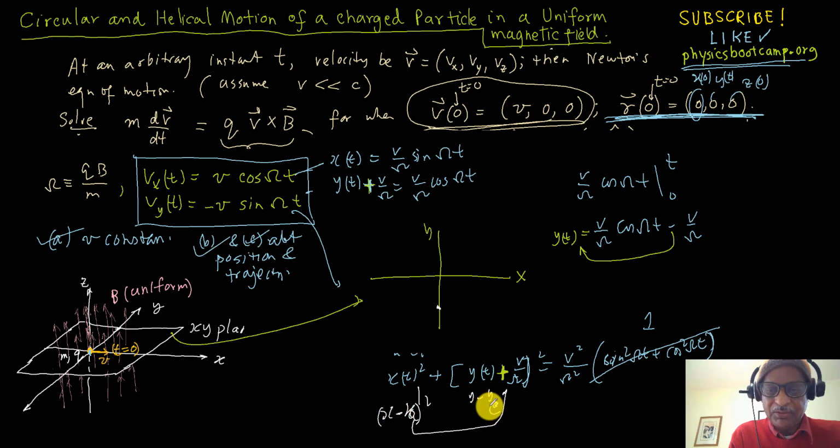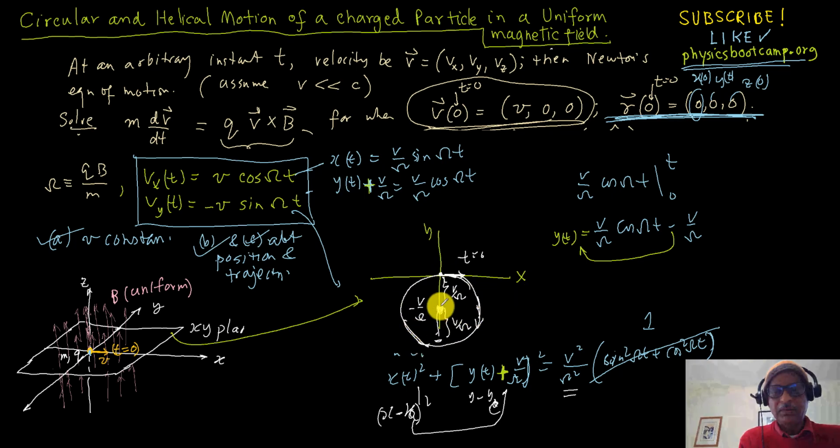You have to subtract there, so the y center is minus v over omega, and it was here, and this is the center, and it's going like this at t equal to 0. So this is the radius, v over omega, and the diameter is 2 v over omega, so this is another v over omega, and so it's going to go in a circle like that. So it's a circle with the center over there, and so it's going over here.